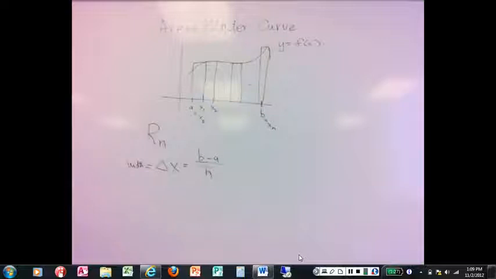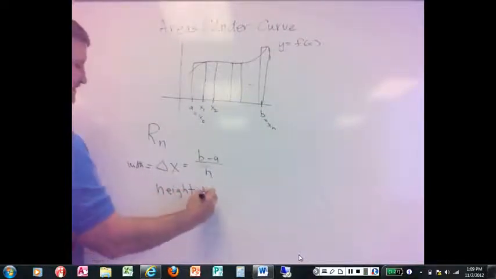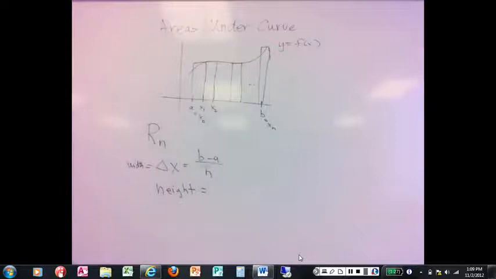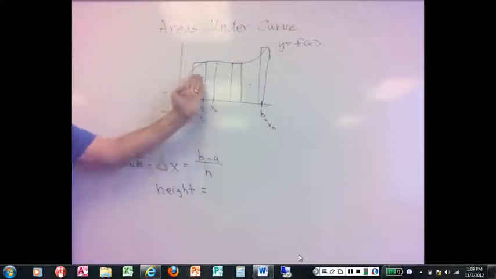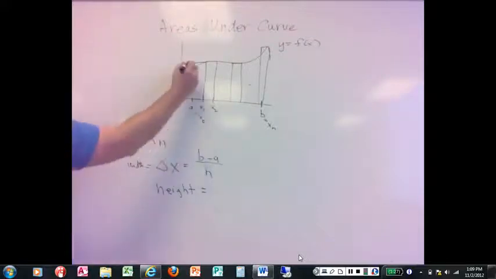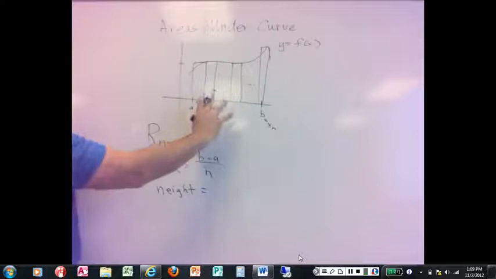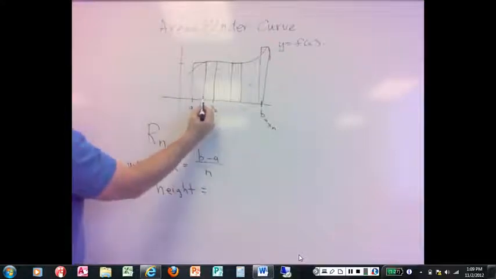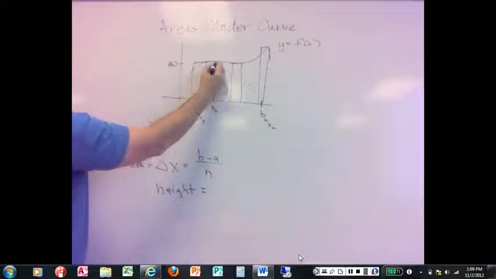What about the height of each rectangle? Well, generically speaking, let's think about it. If my function is f of x, what's the height of this first one? Well, it'd be this, but how would I get that out of what I've got? It's f of x sub 1. And then the second rectangle comes in at f of x sub 2.